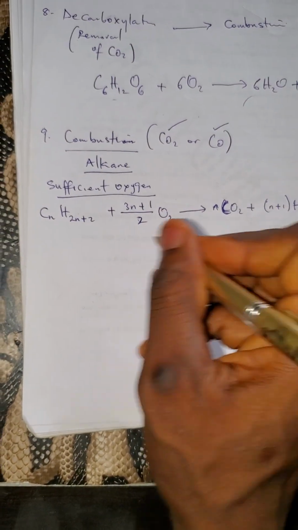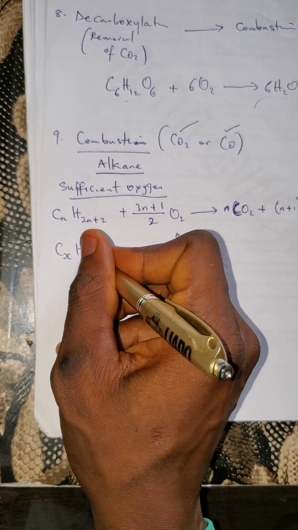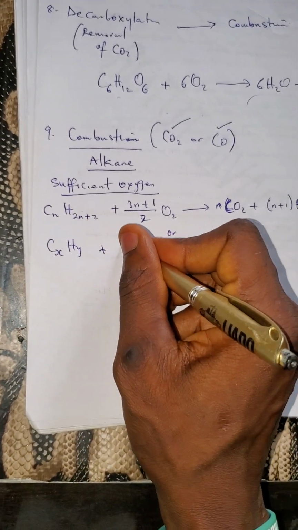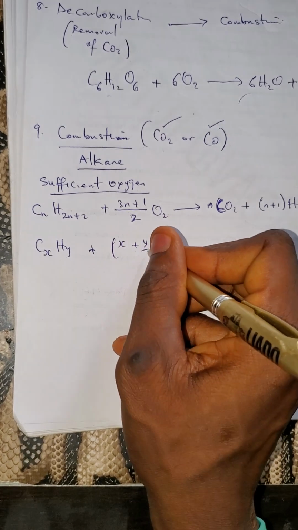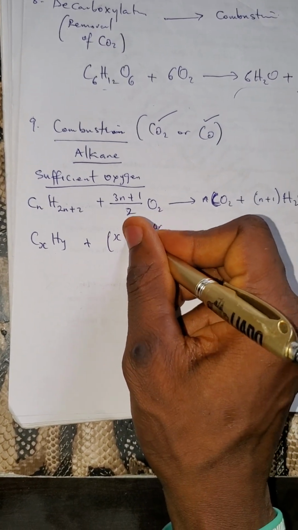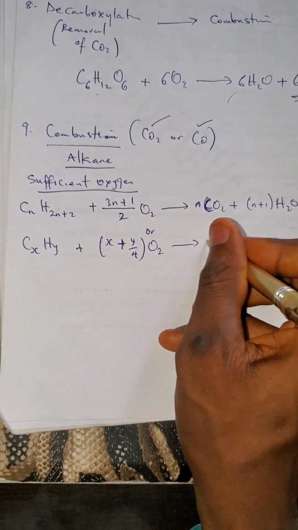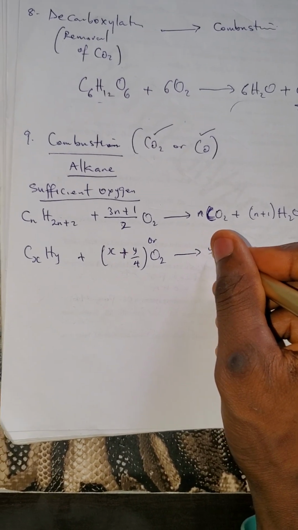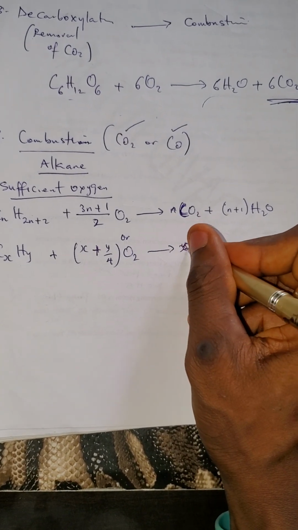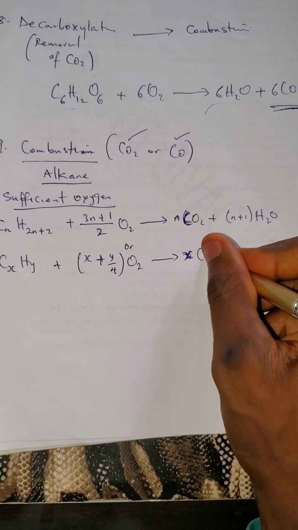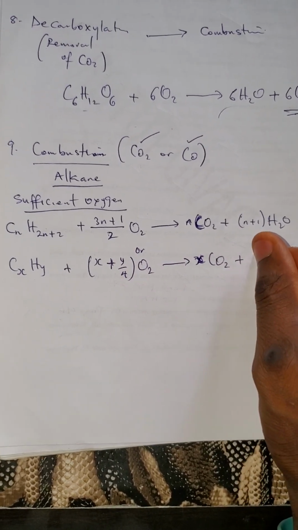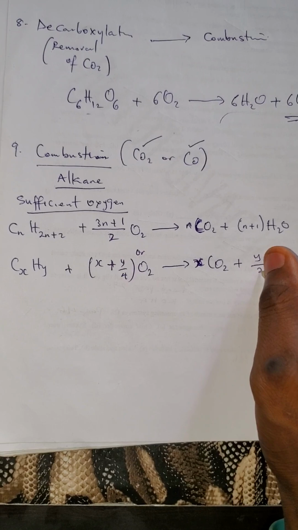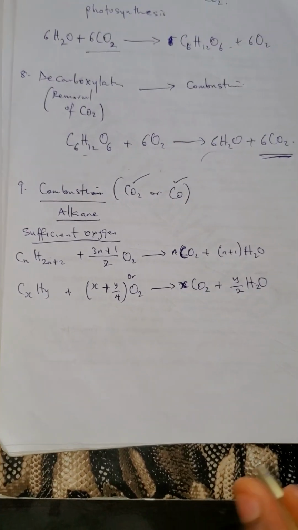Or you make use of CxHy plus (x + y/4) O2 to give us xCO2 plus y/2 H2O.